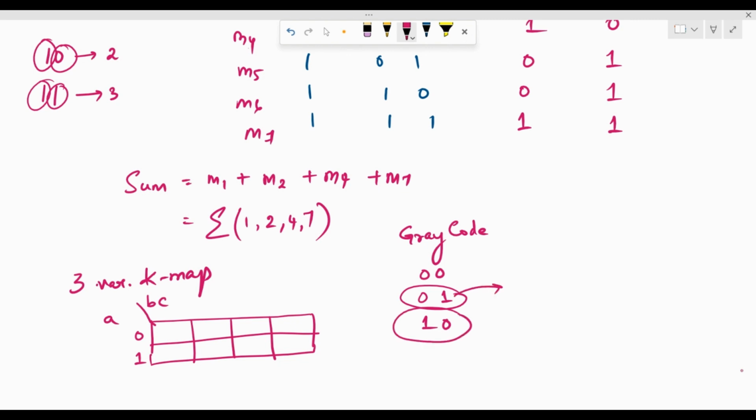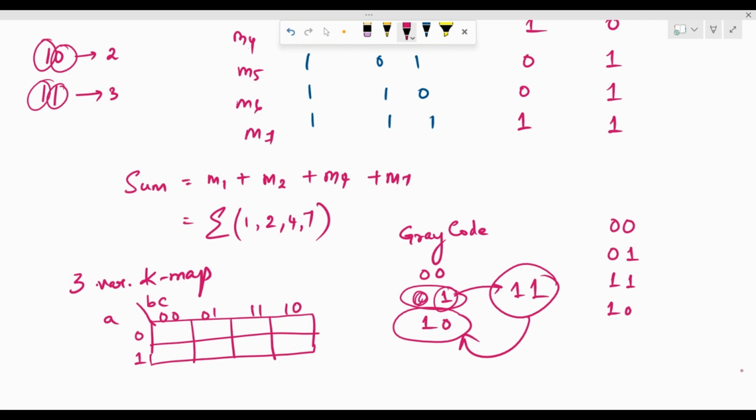So it can either go to 1, 1. That could be my next number, because this bit is retained and only the upper bit changes to 1. And then from 1, 1, it can come to 1, 0. So the gray code sequence could be 0, 0, 0, 1, 1, 1, and 1, 0.